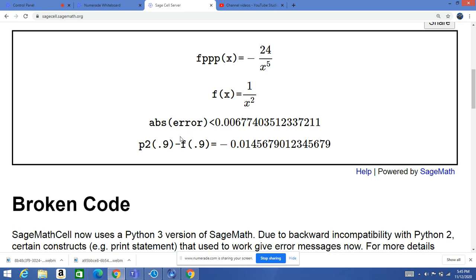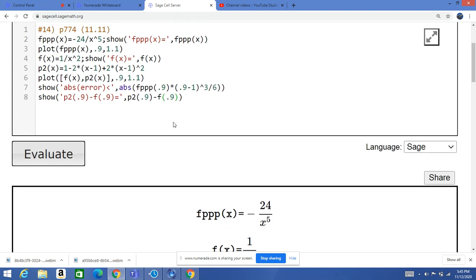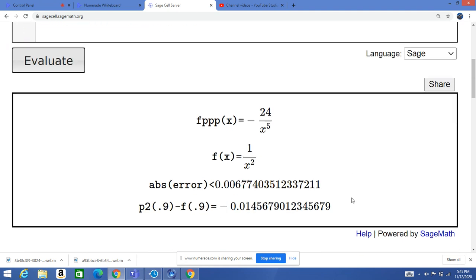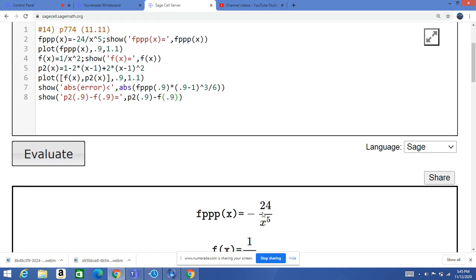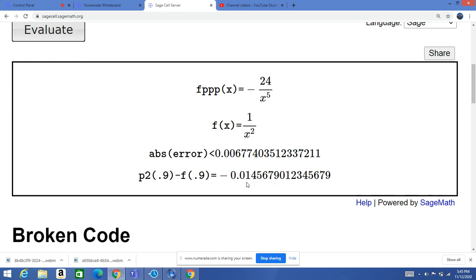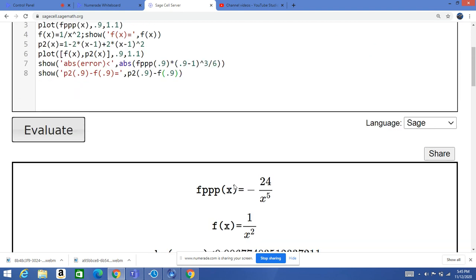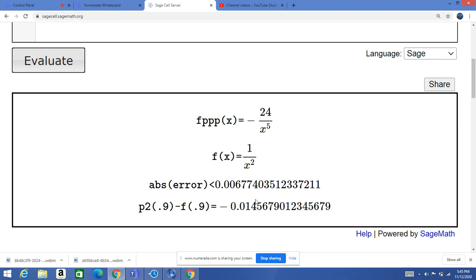Wait, what was my error term? 0.006774, right? So the absolute value there is going to be less than, well, it's negative, yeah. Well, we're talking about the absolute value. So the actual error, shouldn't it be less than that? Well, it's less as in sign, but in absolute value, it's not.